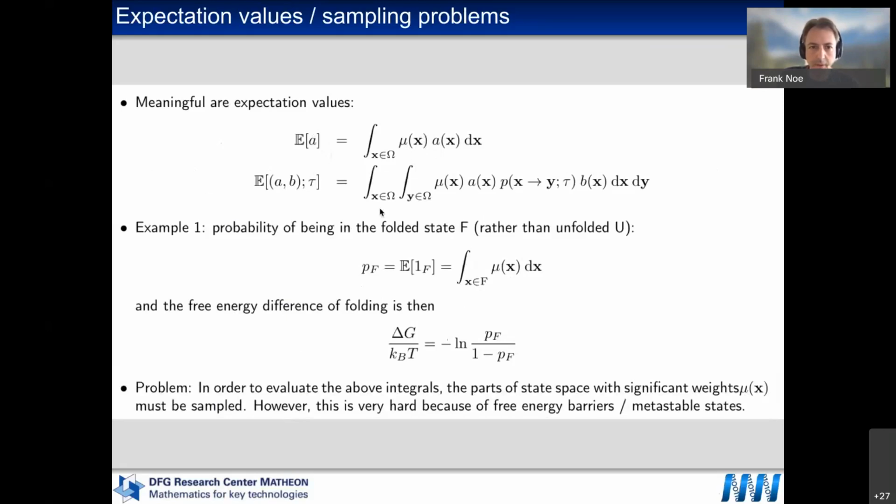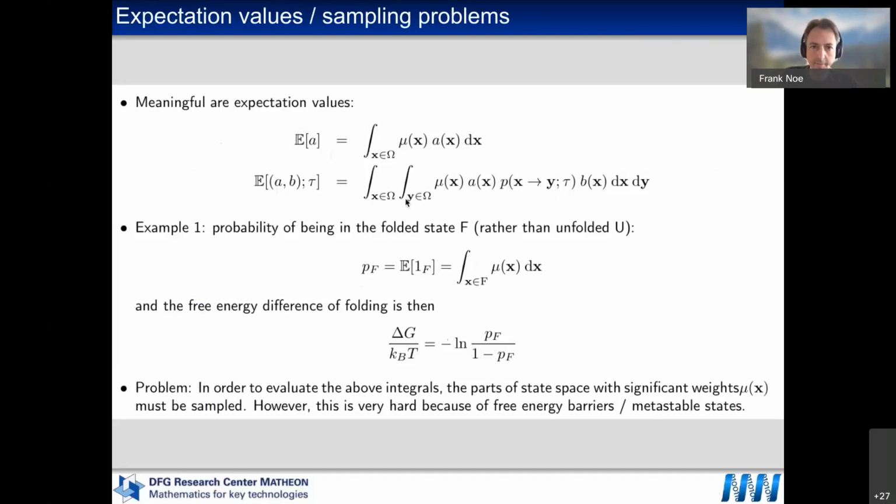So this is the time correlation between observables A and B at time lag tau. And this is weighted by the probability to find the starting point in X, and then we evaluate A at X. And the probability that from X we go to another state Y in that time tau. And then we evaluate B at Y, B of Y.